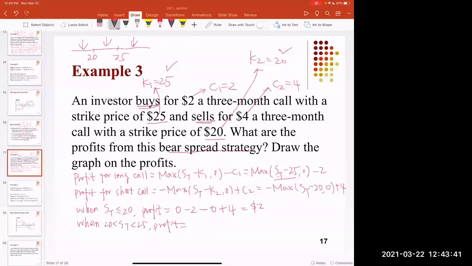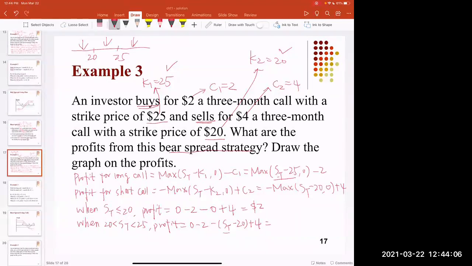Anybody get the answer? You can compare your work with mine. Is it negative $1?